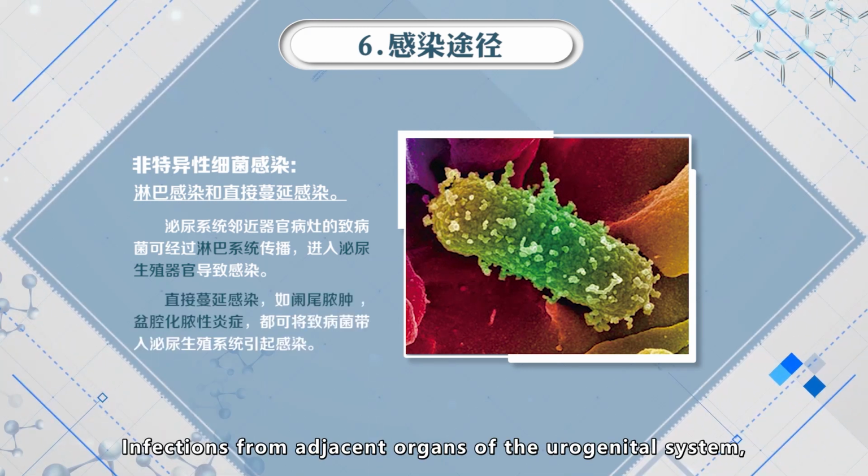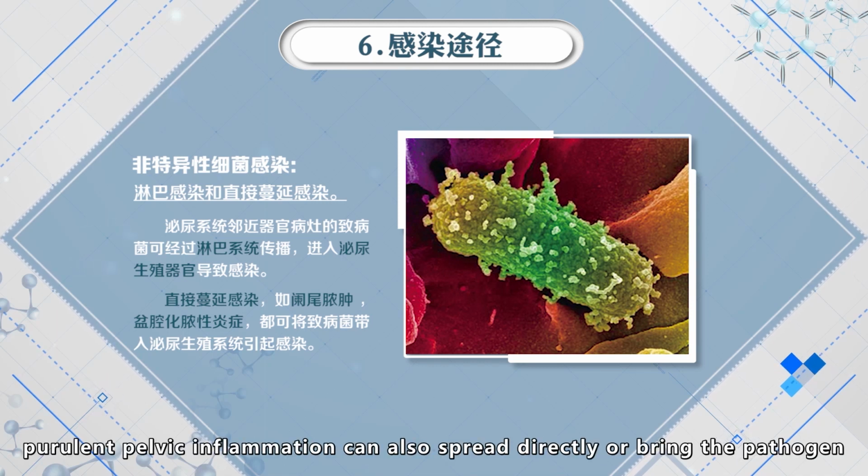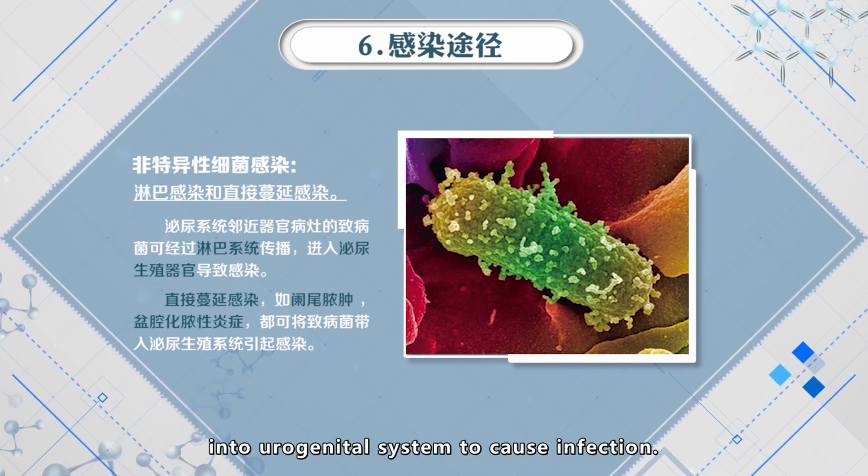Infections from adjacent organs of the urogenital system, such as vermiform appendix abscess and purulent pelvic inflammation, can also spread directly or bring the pathogen into the urogenital system to cause infection.